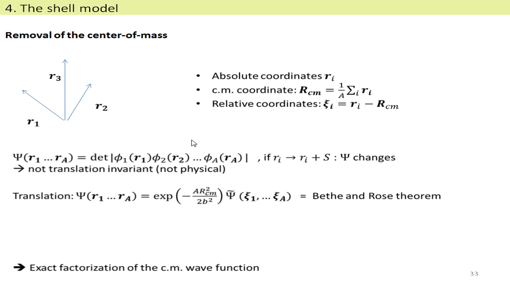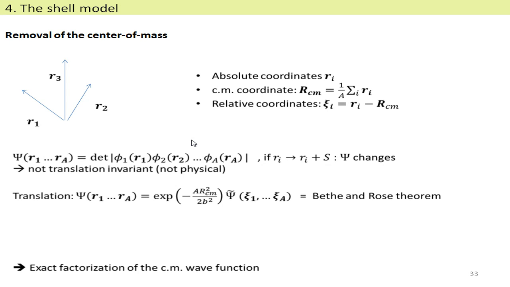So now let me come to Slater determinants with shell model orbitals. You have different orbitals here. We saw before these are Gaussians, for example. If you look at these Slater determinants and you translate all coordinates, so you replace all space coordinates Ri by Ri plus S, then the wave function changes.